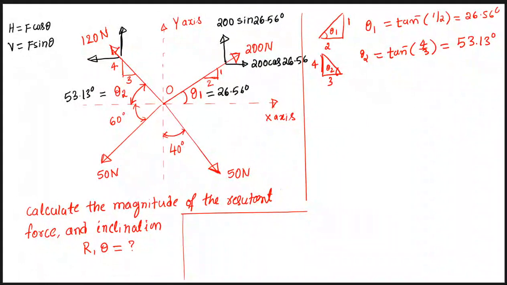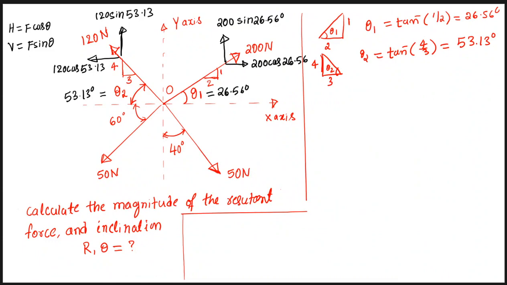So the vertical component is F sin theta, F is 120, theta is 53.13. The horizontal component is F cos theta, so 120 cos 53.13 degrees.